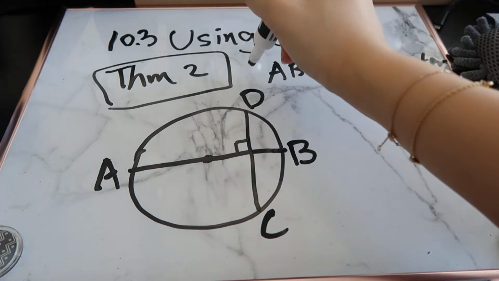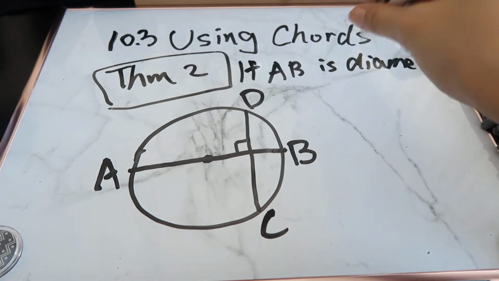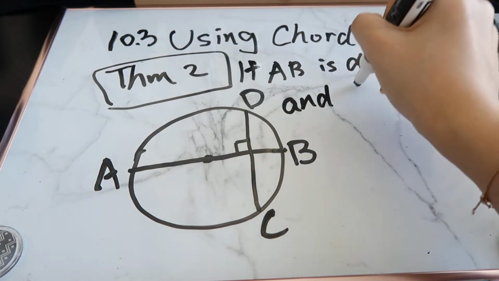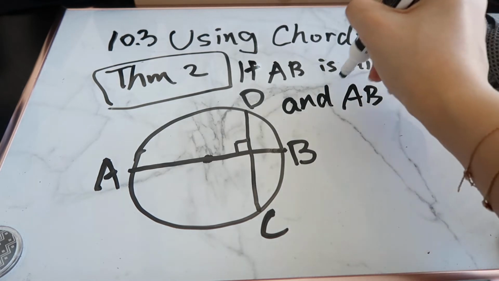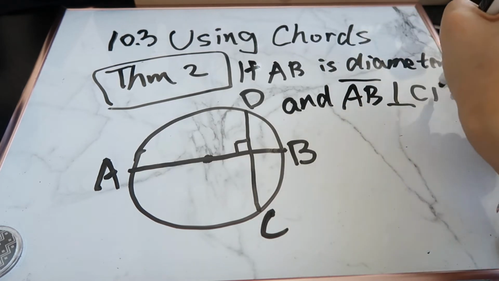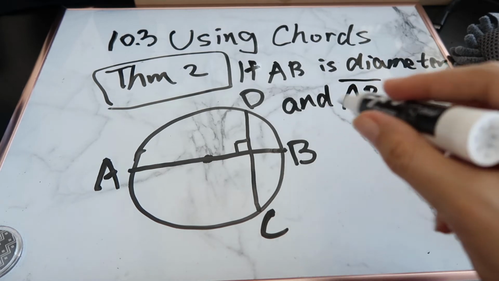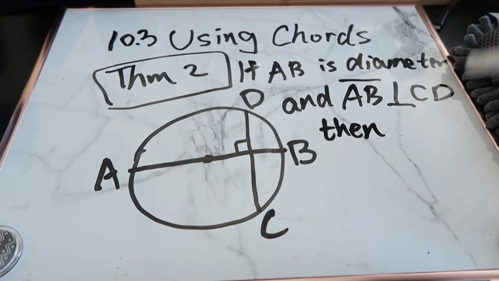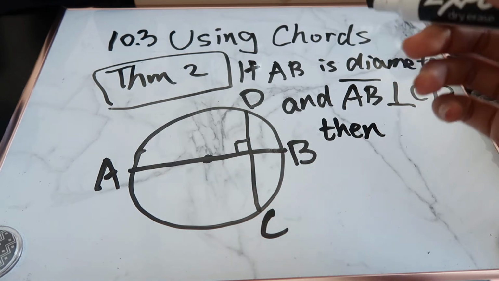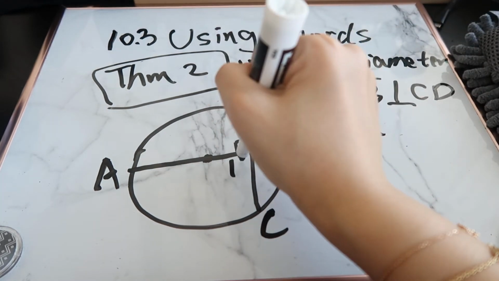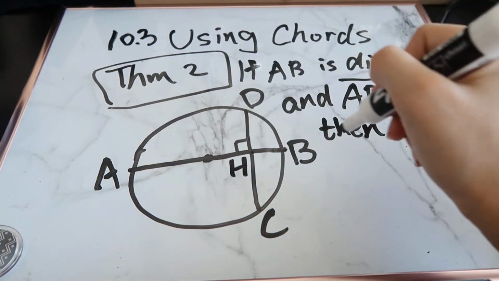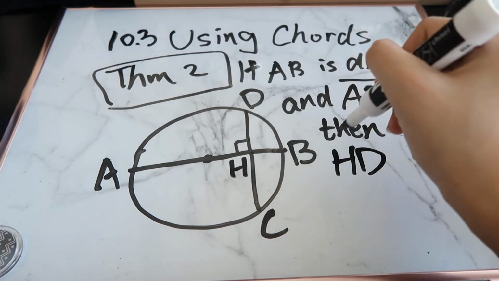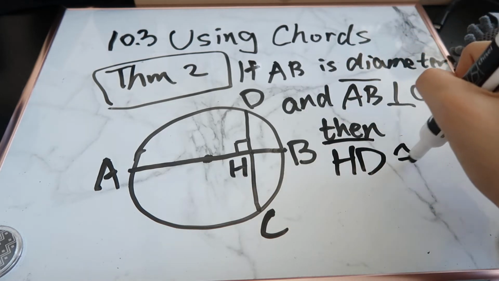So if AB is a diameter and AB is perpendicular to CD, this upside down T meaning 90 degrees, then our conclusion would be, let's put the intersection as H, we would have HD congruent to HC.